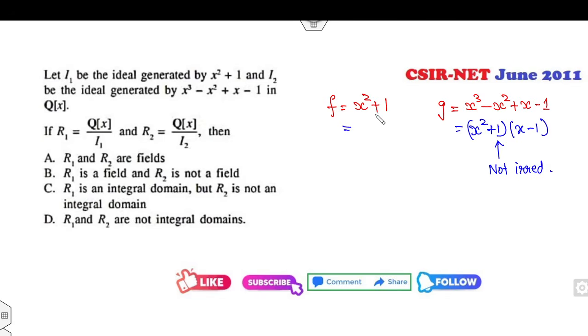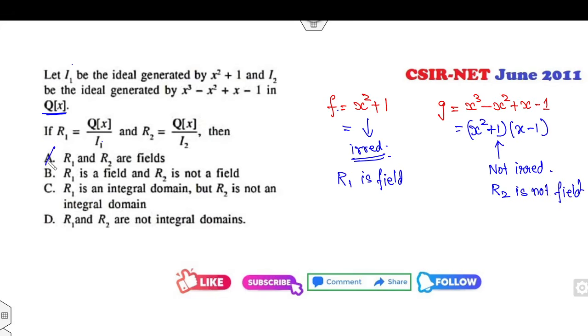X square plus 1, if you factorize them, x plus i, x minus i. But my field is Q[x]. So that means this f is irreducible over Q. So once f is irreducible, that is I1 is irreducible, R1 is a field. This is not irreducible, R2 is not a field.